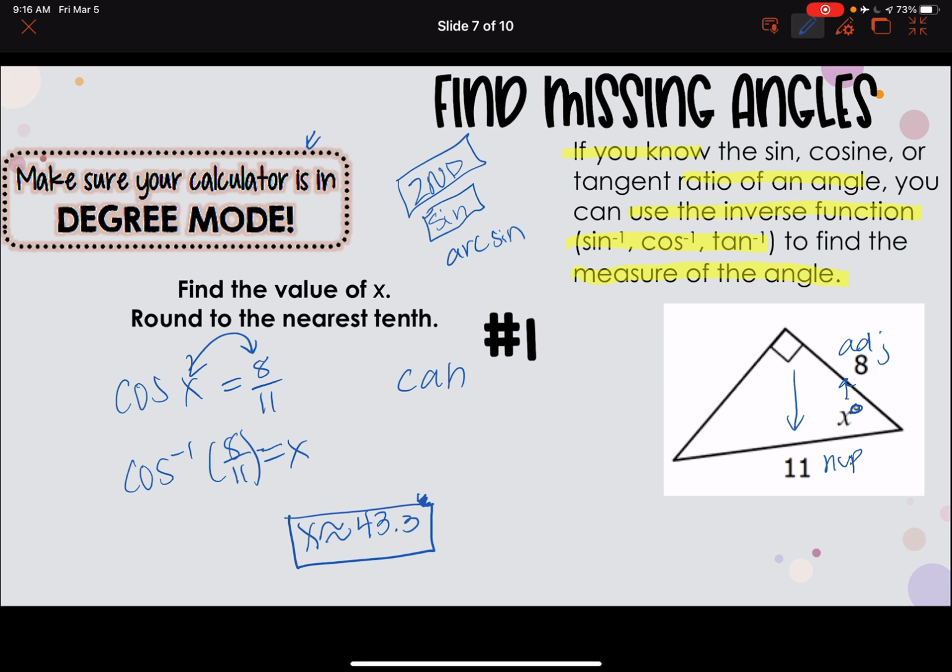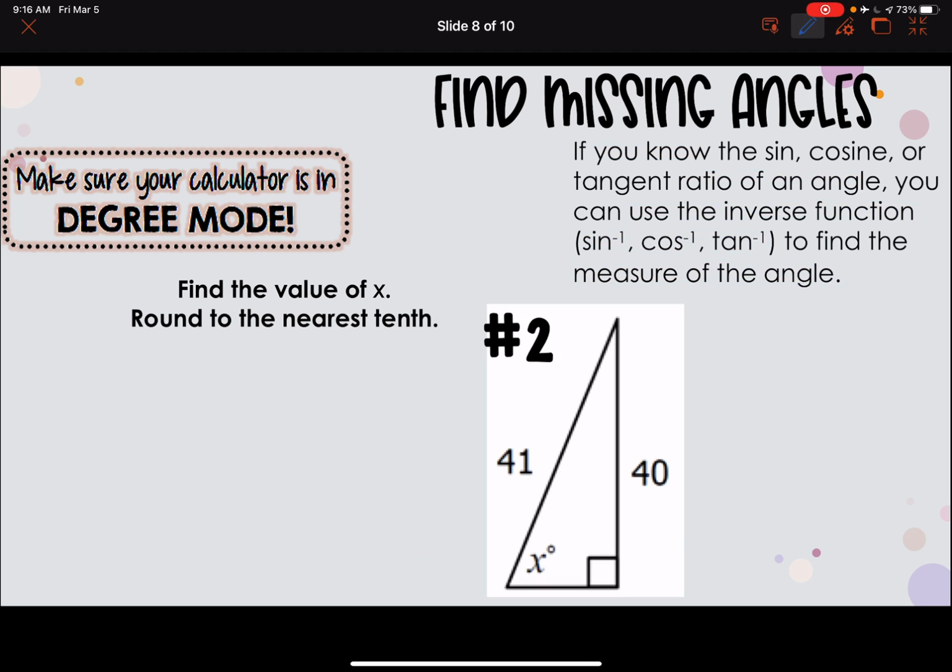All right, let's try the next one. So this one we've been given the opposite over my hypotenuse, which means we're going to be using sine of X, because that's opposite over hypotenuse, 40 over 41.